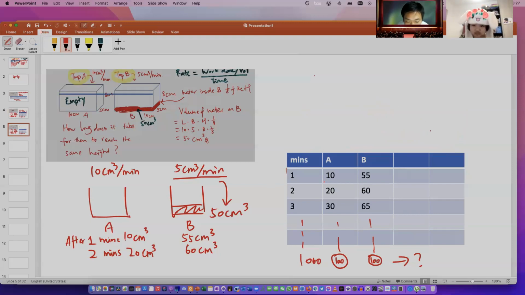I hope you can see that the difference between these two at the start is 50 cm cube. This is the difference at the start.